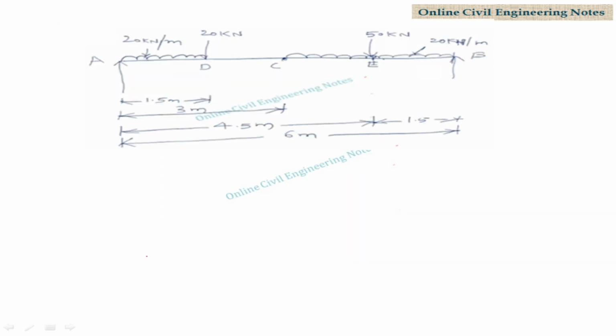Draw the shear force and bending moment diagrams. First draw the shear force diagram. This is a shear force line. Shear force at B, the calculated value is 91.25, that is negative value.